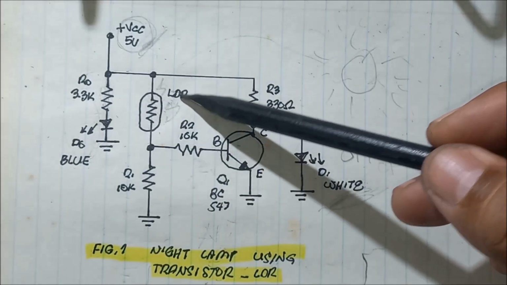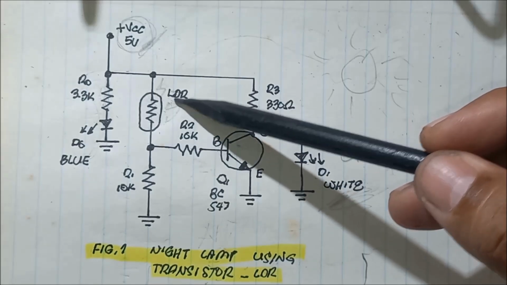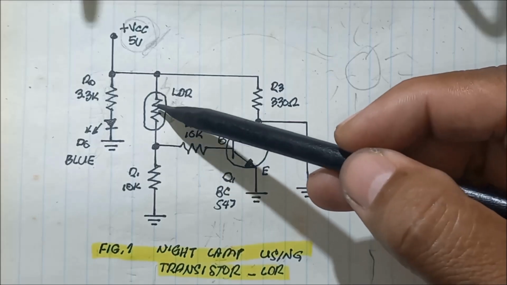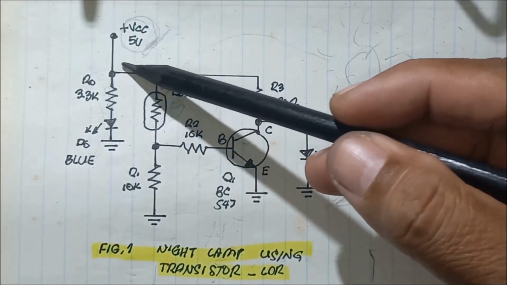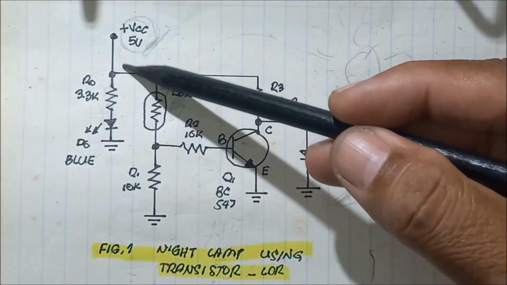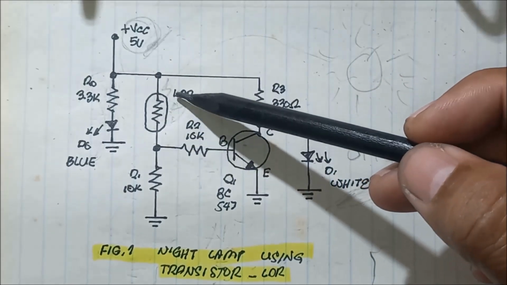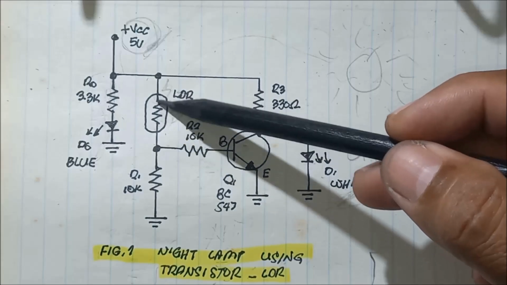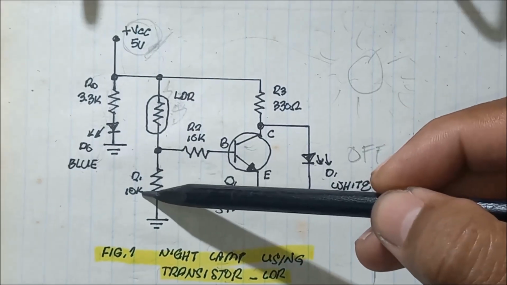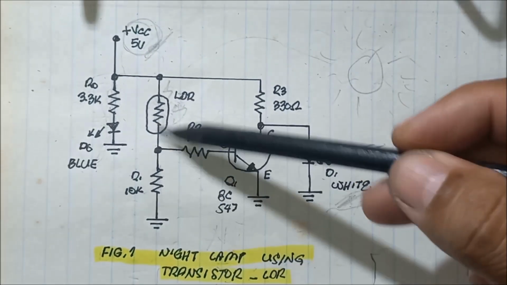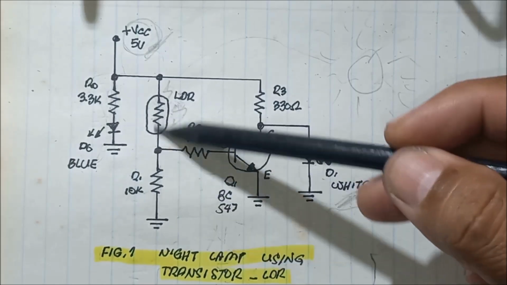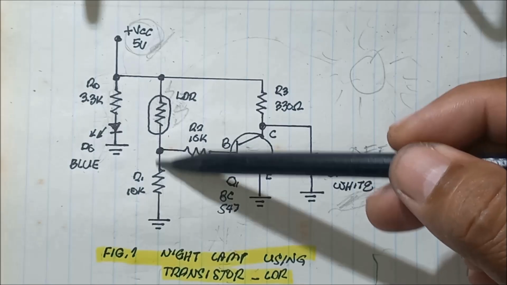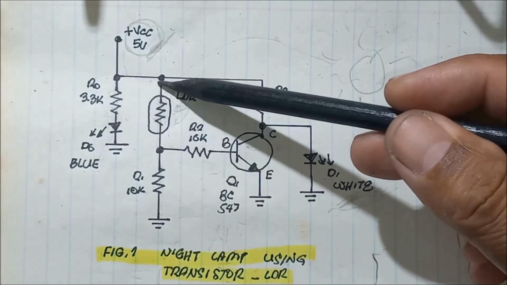So it will make the resistance of this LDR, still a resistance or acting as a resistor, but less resistance to the circuit, causing the current to flow through the light dependent resistor. The current flows here and also into the 10K, which together serve as a voltage divider. One is pull down, the other is pull up.